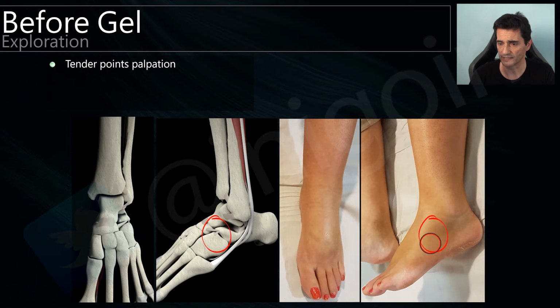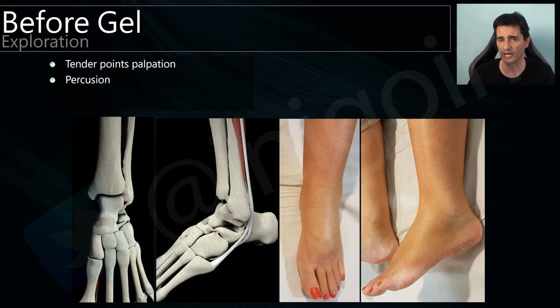Don't forget to palpate these ligaments. And the talonavicular ligament in the anterior side of the foot. Once we have palpated these ligaments, you must also check the fifth metatarsal to avoid missing fractures at the base of the fifth metatarsal.